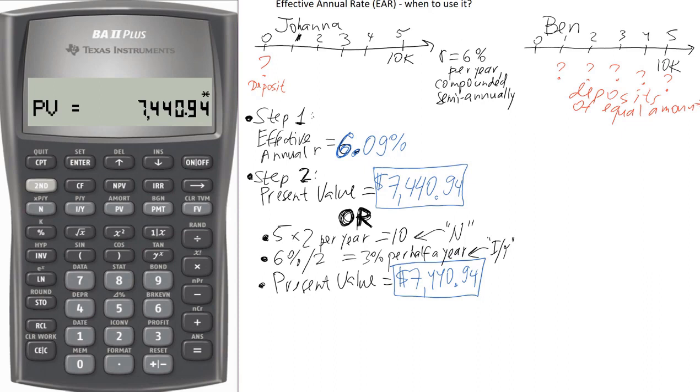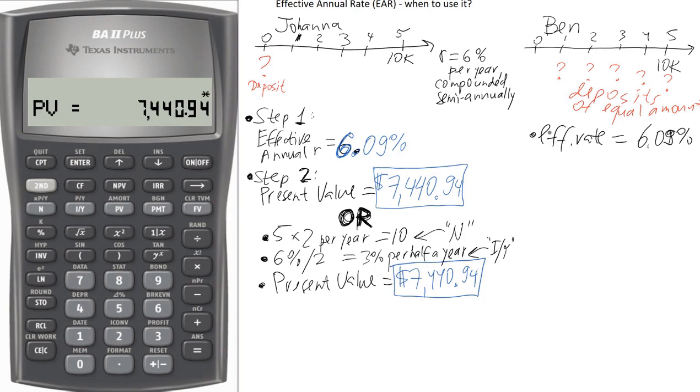We kind of want to approach this problem the same way. So step 1, effective rate, right? So the effective rate we know is 6.09%, right? We already know it because we are assuming that Ben is also gonna deposit his 5 identical amounts of money in a similar account that pays a 6% annual interest rate with semi-annual compounding.